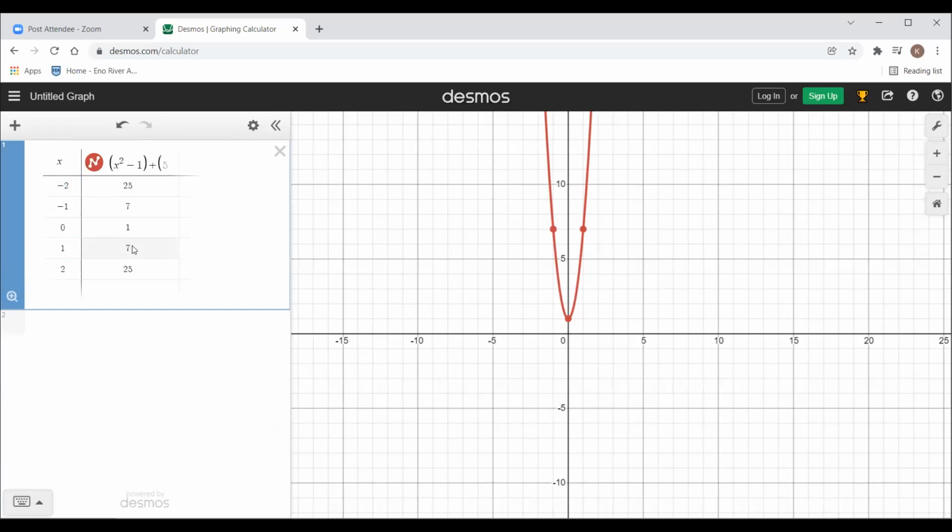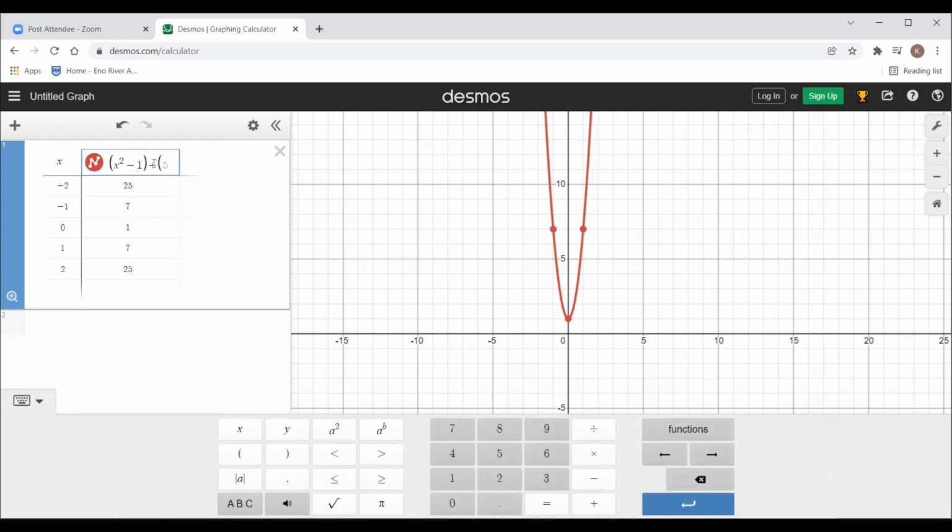All right, what do we want to do for the next one? What's for problem B? F minus G. So we're going to change this in the middle. Instead of having a plus, we're going to put a minus. F minus G. And see, when we do this, all the numbers are going to change.